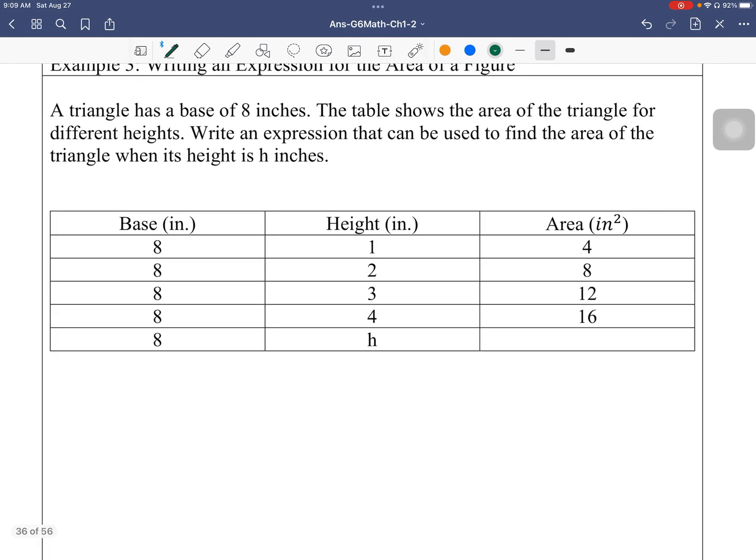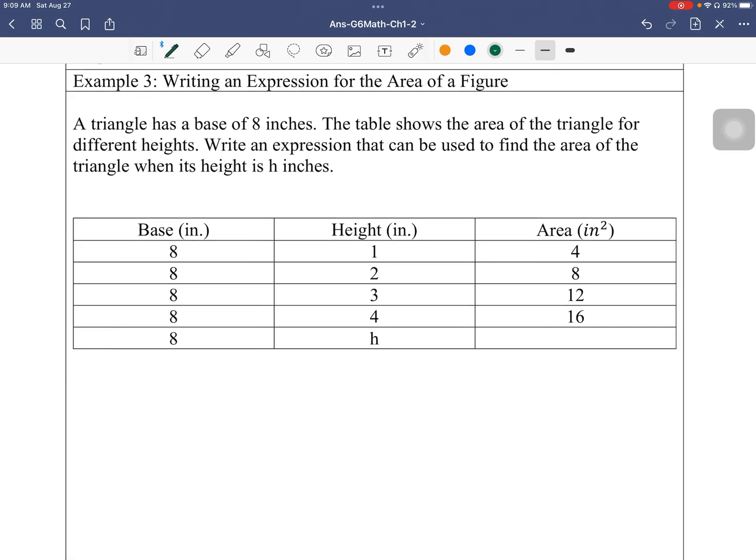So now example 3. A triangle has a base of 8 inches, and the table shows the area of the triangle for different heights. How can we write an expression that can be used to find the area of the triangle when the height is h inches? So now my base is 8, my height is 1, 2, 3, 4, and h.